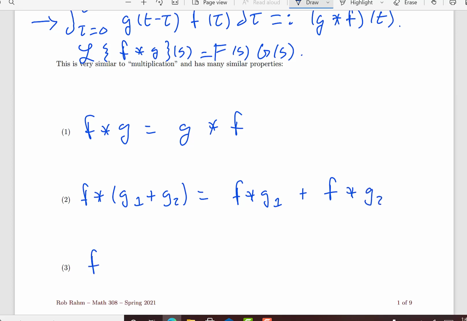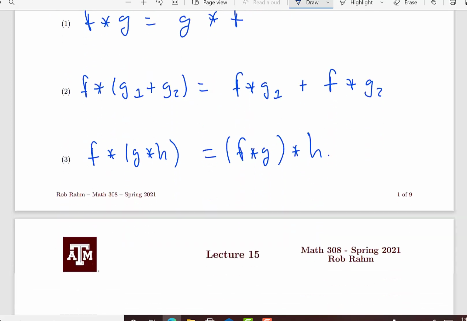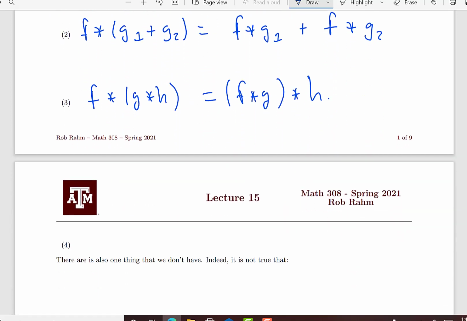Then f convolved with g convolved with h. Now there are two convolutions. This is a kind of associative property. This is equal to f convolved with g, convolved with h. So these are three properties, and one more is that f convolved with 0 is equal to 0.